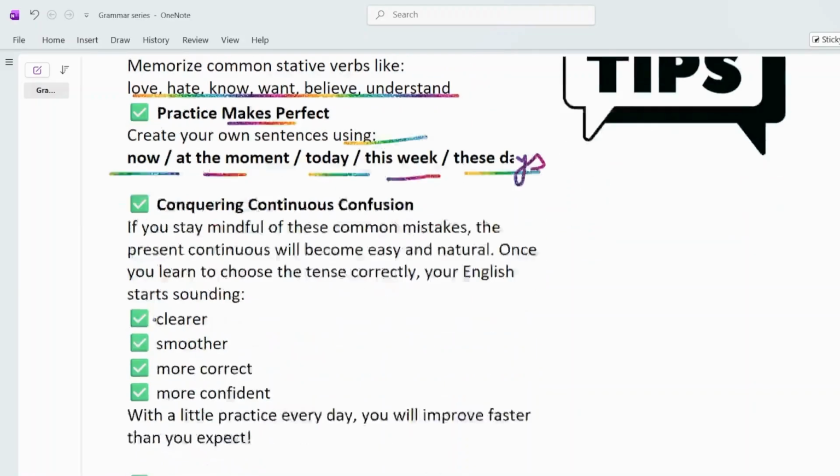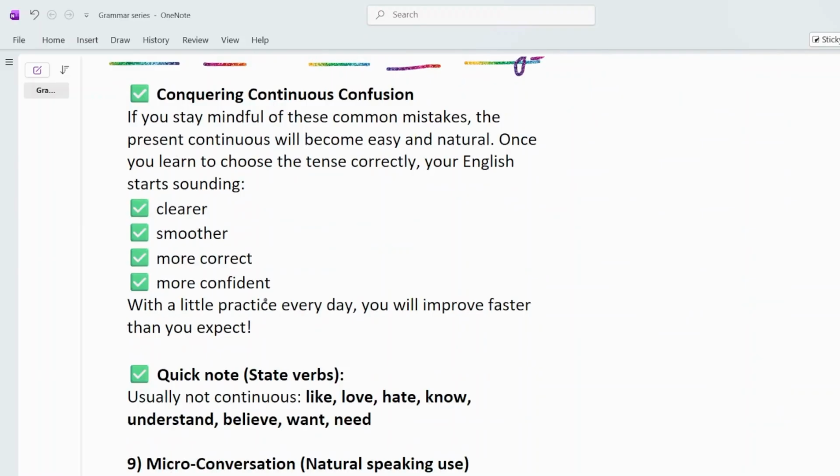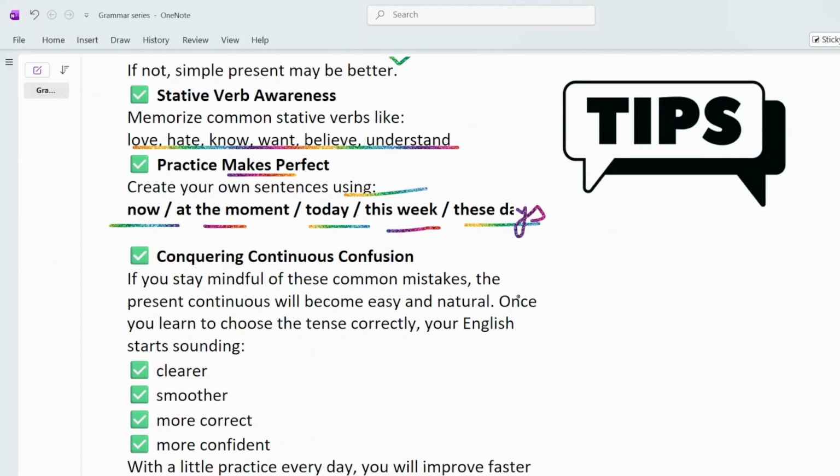All right, great. Now, there is this kind of confusion. How do you get out of confusion once you're using this tense? By staying mindful of these common mistakes. Do not underrate these mistakes, because they are very prominent.